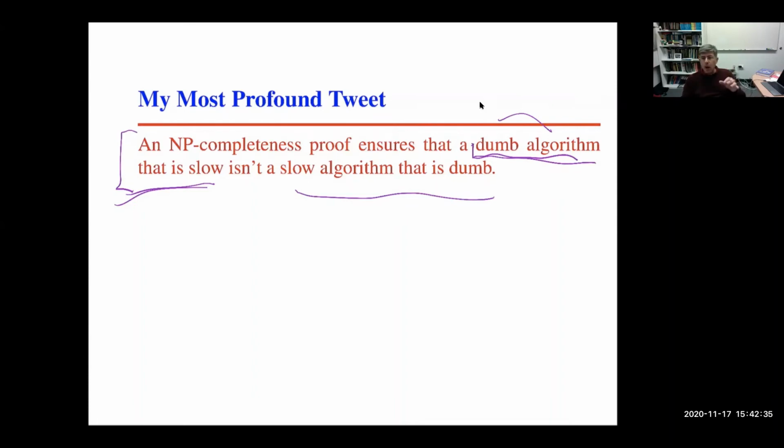If I have a slow algorithm on a problem that can be solved efficiently, that is dumb. How do you tell the difference? If I can prove that my problem is hard, then I know I can't do better than a slow algorithm. Any questions about that? Okay. Again, we're still at maybe an abstract level. Any questions? Okay.